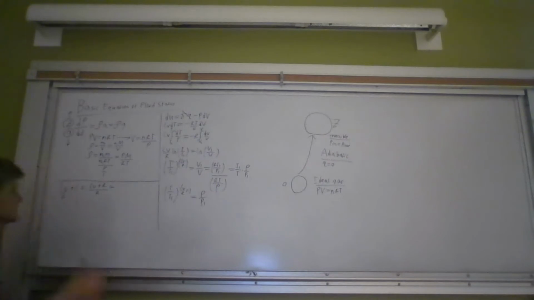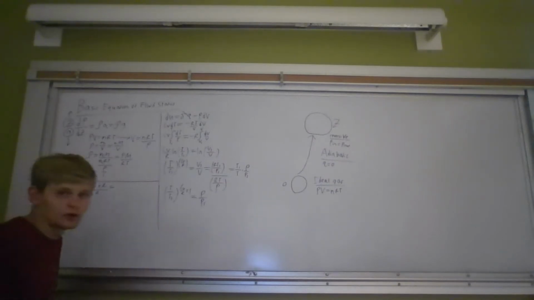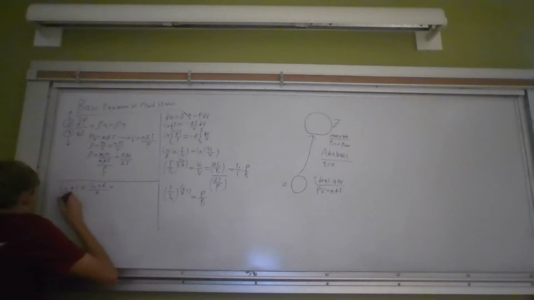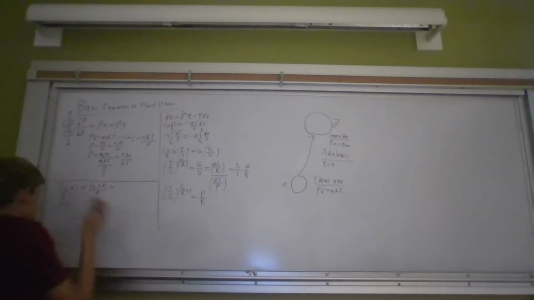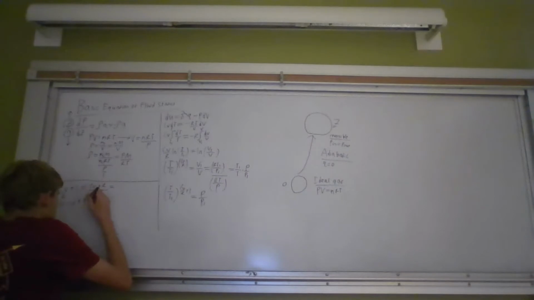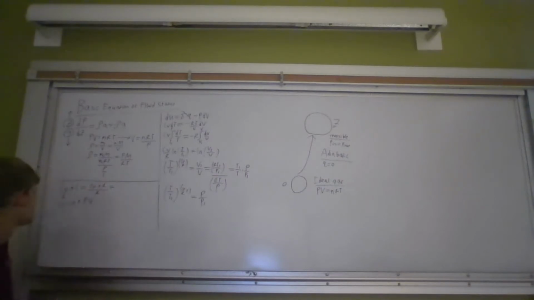Another way we can simplify this term is by taking it in terms of our enthalpy. So we can write out our enthalpy equation. It's going to be capital H, which is our enthalpy, equal to our internal energy plus pressure times volume.